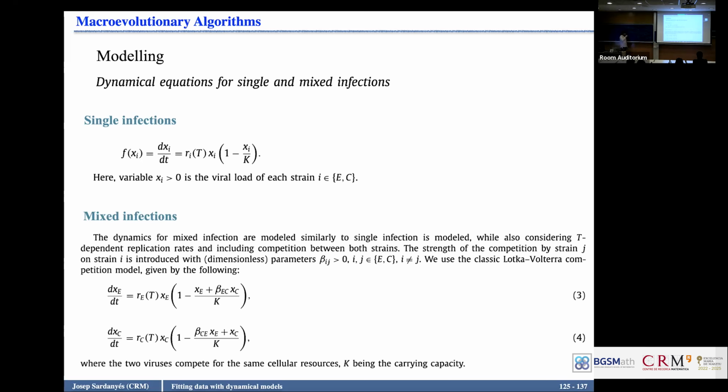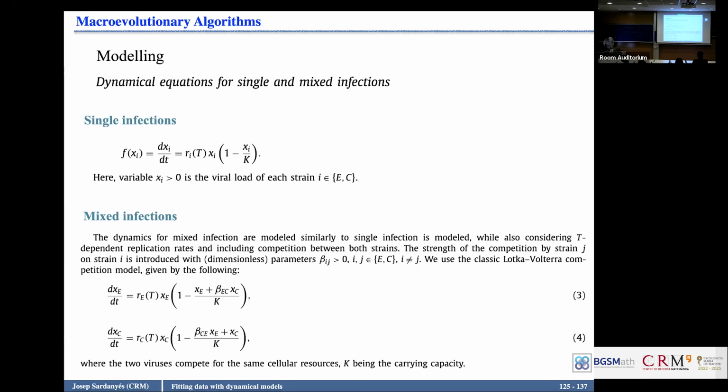For the mixed infections, we use a similar model. This is a Lotka-Volterra competition model where the species can compete with each other. This is intraspecific competition, and this is interspecific competition.